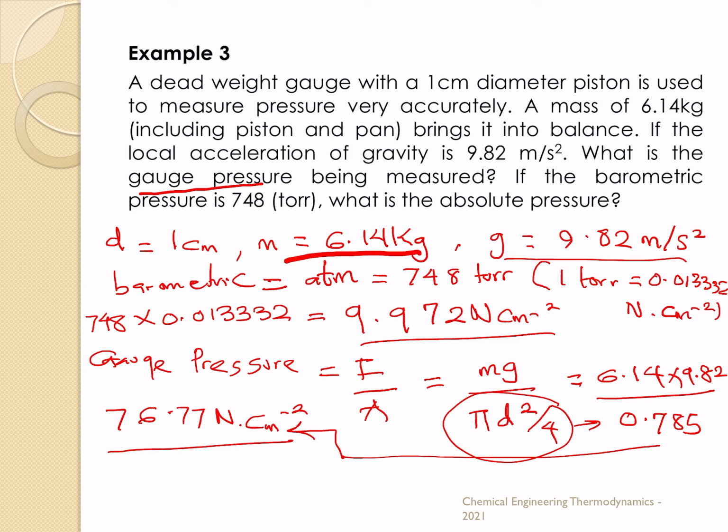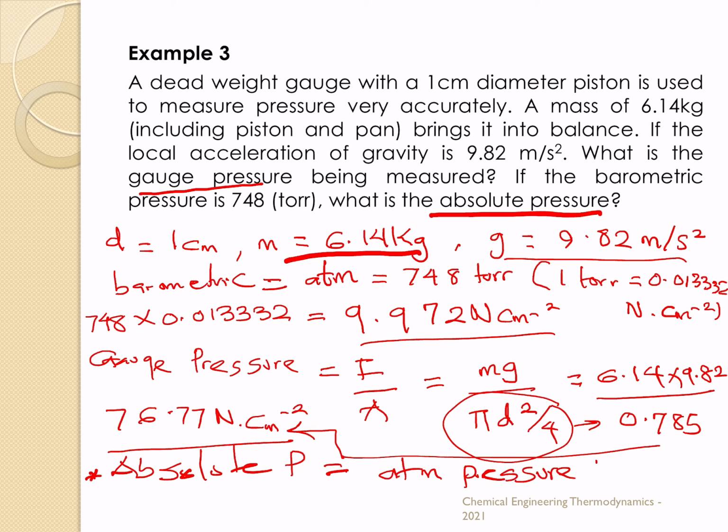But remember, the question asks for absolute pressure. Absolute pressure equals atmospheric pressure plus the gauge pressure. We've got the gauge pressure, 76.77, and the atmospheric pressure, 9.972.